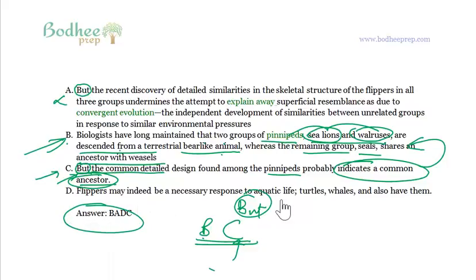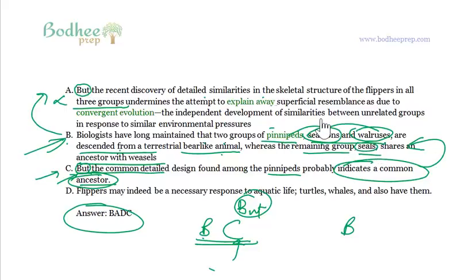Flippers may indeed be a necessary response to aquatic life. We don't know. So basically we have to keep B, and then let's try to go to A. But the recent discovery of detailed similarities in the skeletal structure of the flippers in all three groups. What are those three groups? Pinnipeds: sea lions, walruses, and the remaining group, seals.